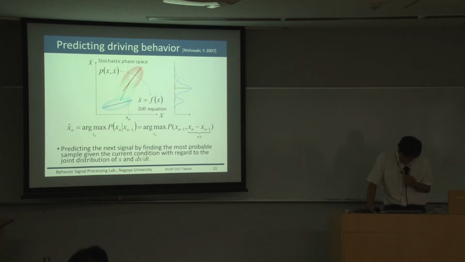So the basic idea is that the difference between two time sequence samples can be regarded as a dynamic characteristic x dot. So sometimes x dot is approximated by x_n minus x_{n-1} in the discrete case, or in the continuous case, x(t plus delta t) minus x(t) over delta t.